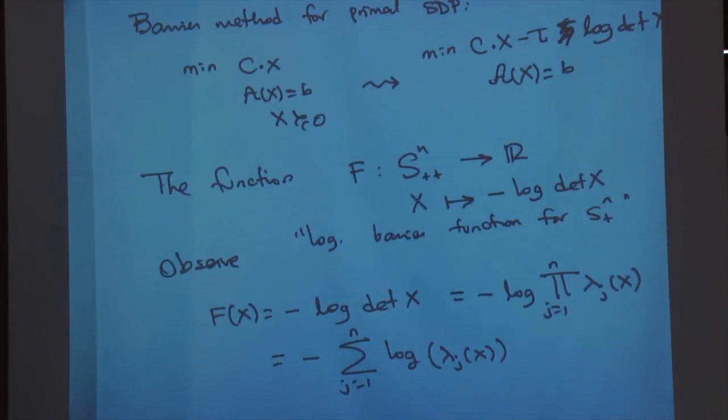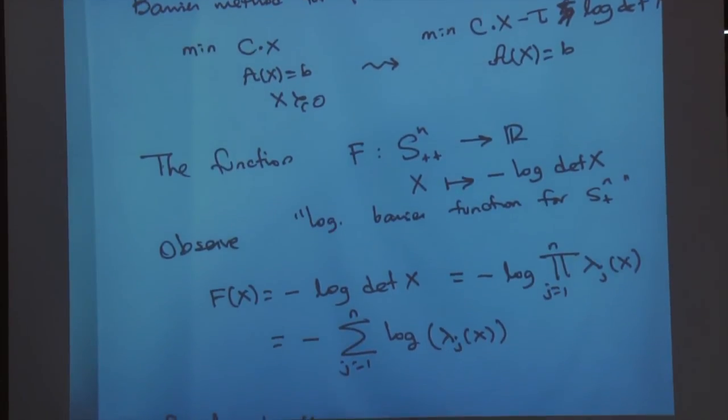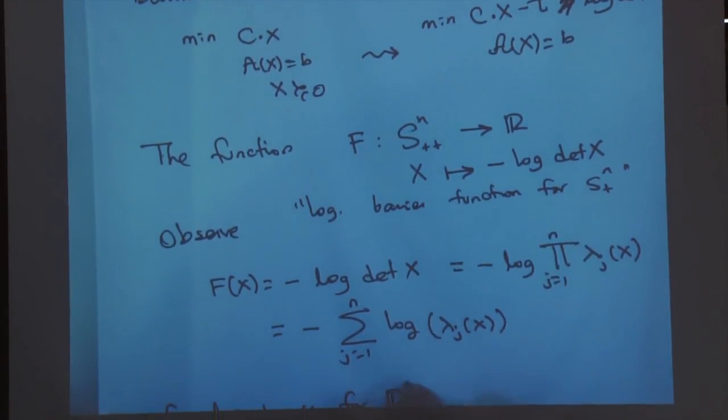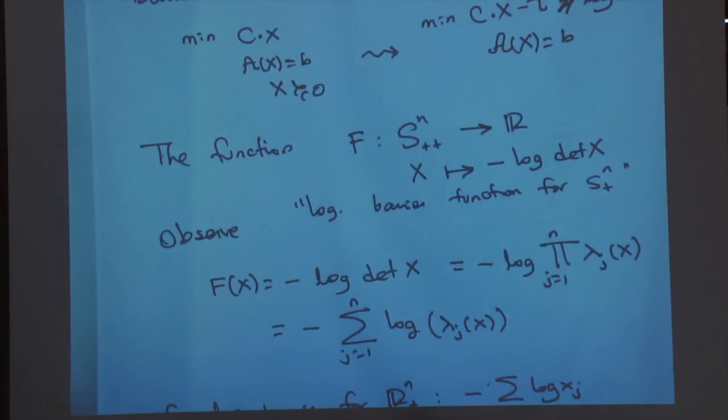The log barrier function in linear programming was negative sum of log of x_j. Remember that? That was what we spoke about last class, Monday, and what Ryan had mentioned also a couple of weeks ago.